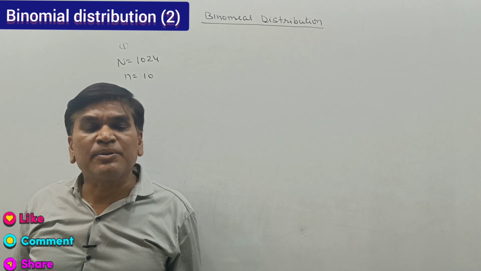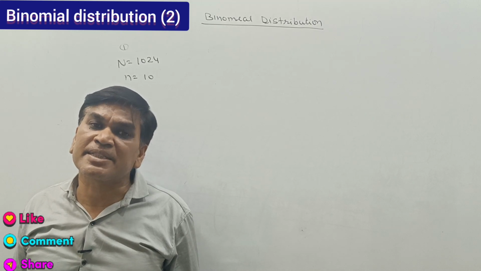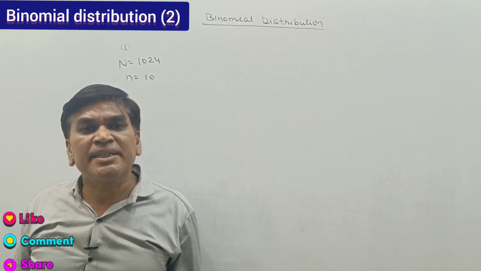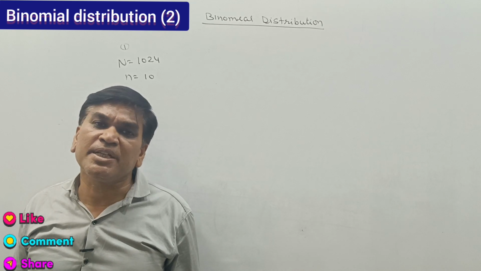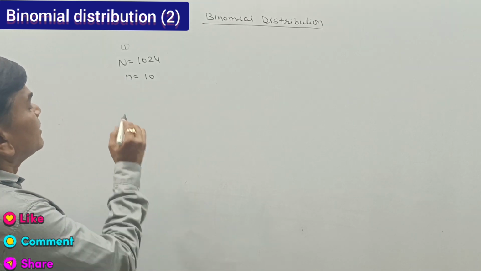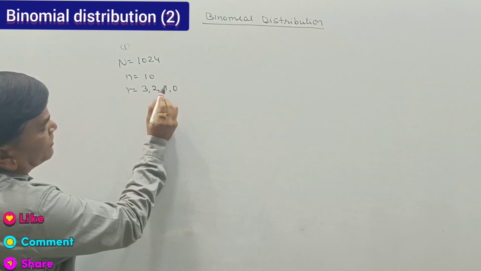Then calculate how many investigators will report that 3 or less than 3 persons are watching this serial. So the r value is 3, 2, 1 and 0.